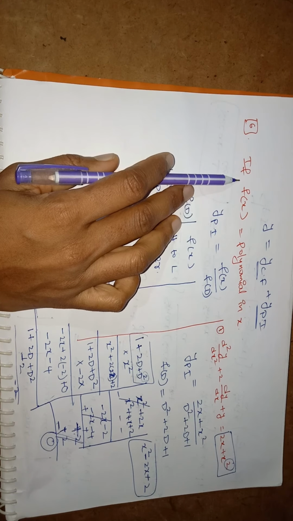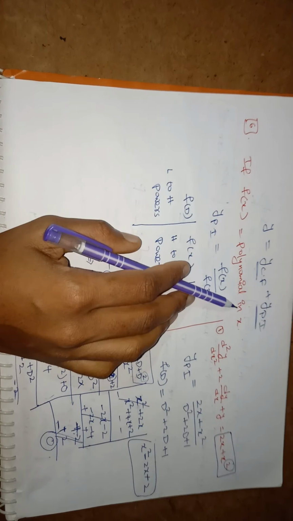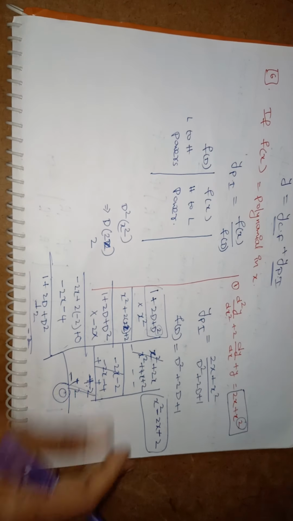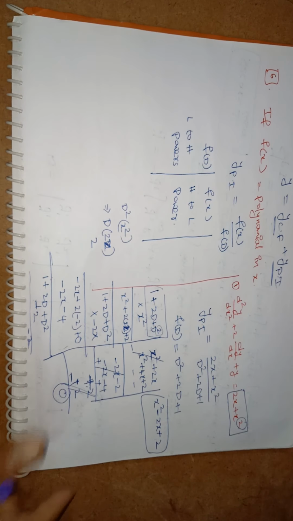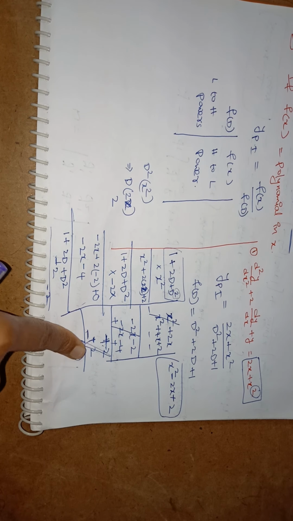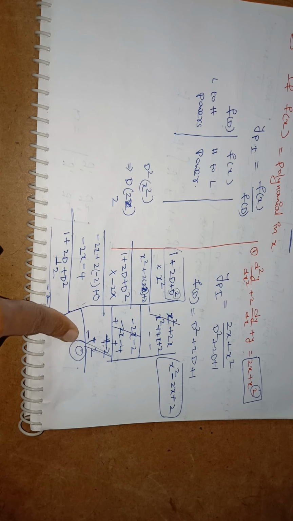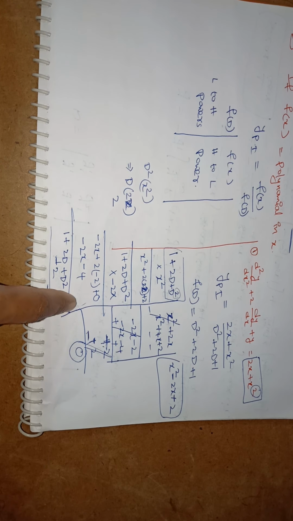If we have f of x as a polynomial in x, then I hope you have learnt this method in your lower sections itself, in your school itself. This is a very simple method. You may not find this method in your textbooks.